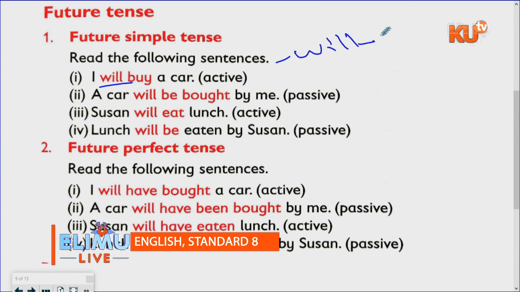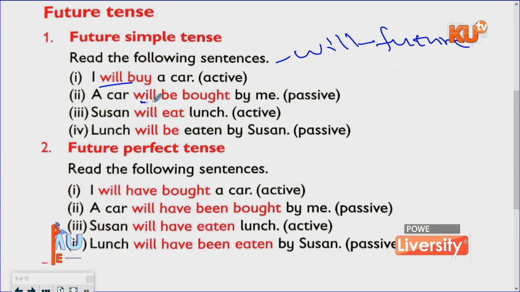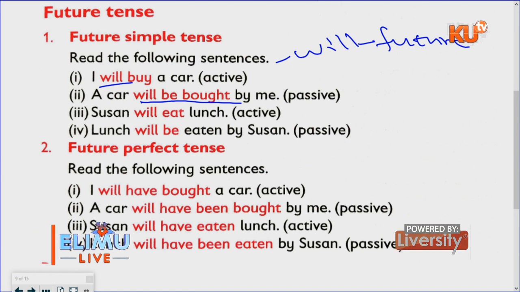Every time you see will, it indicates future. I will buy a car in the future. A car will be bought by me. So will buy changes to will be bought.